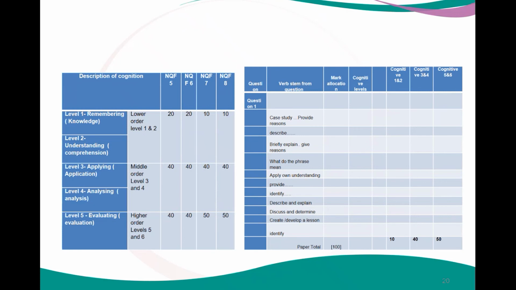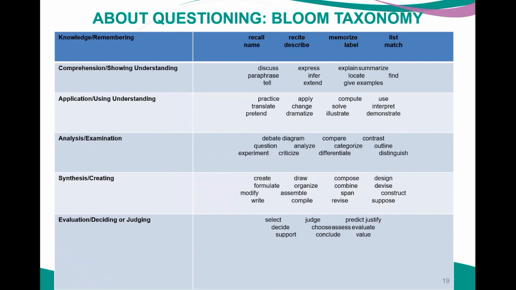If you look at NQF7, it's about remembering. So questions that need remembering are just 10%. Questions that need you to apply, 40%. Questions that need you to evaluate, 50%. So please make it a point that you understand what it means.